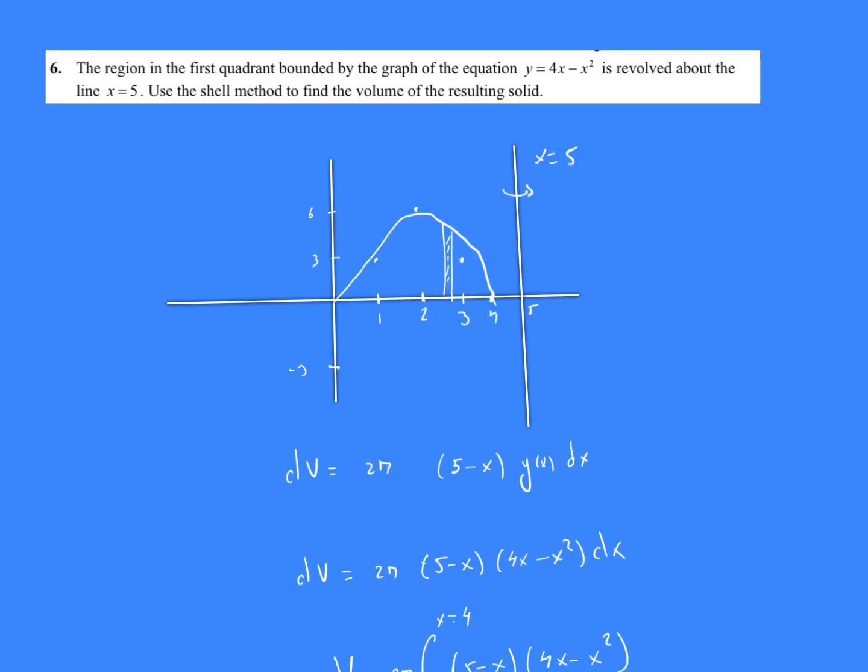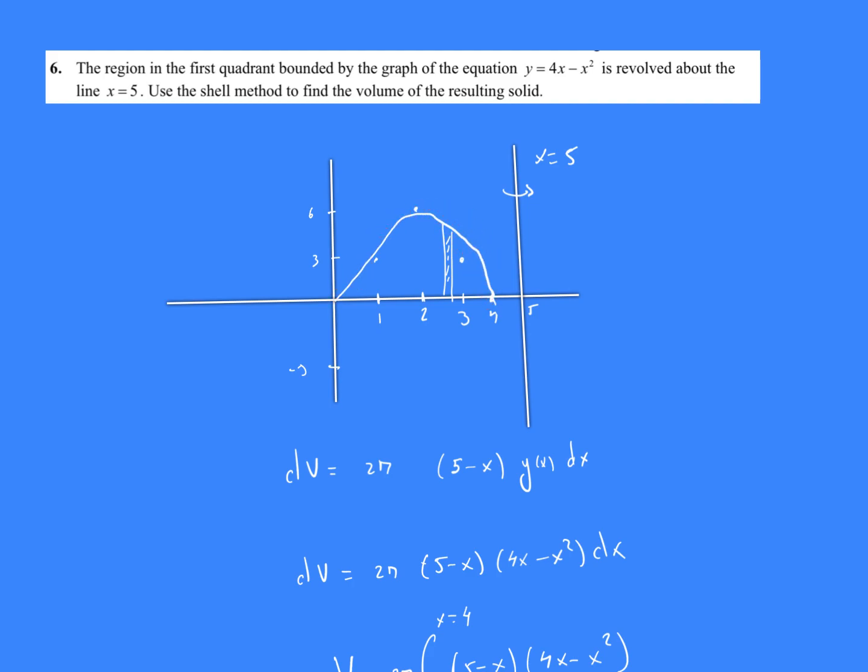Now we do problem 6, that says the region in the first quadrant bounded by the graph y of x is like a parabola, 4x minus x squared, something like this. When x equals 4, this is 0, so this is the point, and when x equals 0 is here, so it does something like this.